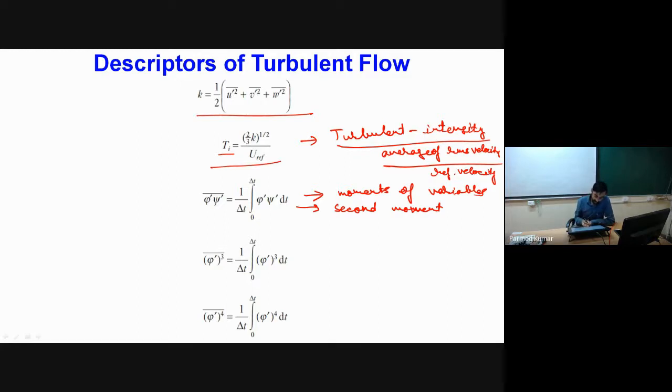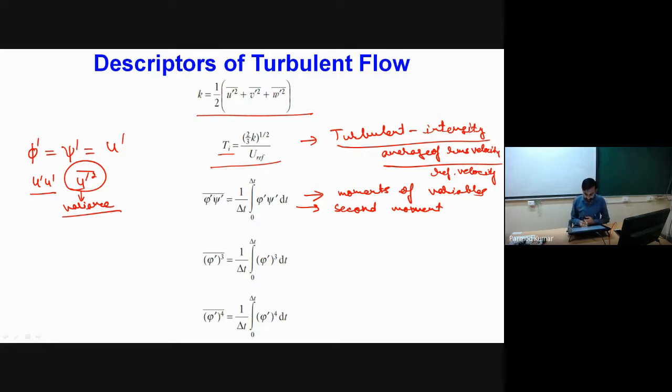So when we consider both phi dash equal to psi dash equal to u dash, in that case, this will become u dash into u dash, which is our u dash square bar. So u dash square bar is nothing but our variance. So variance is also nothing but the second moment, when we are considering both variables as the same.